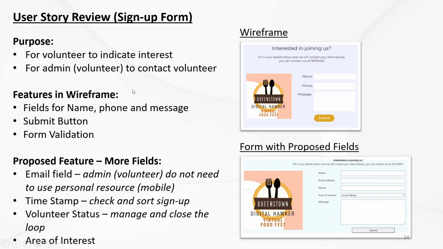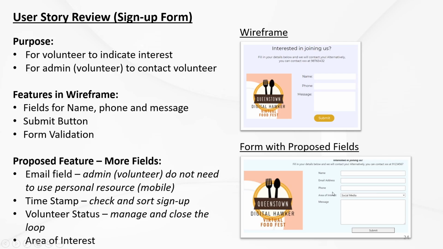What we want to do now is also to put ourselves in the shoes of the admin, who happens to be a volunteer. Being a volunteer, we do not expect them to use their mobile or personal resources to contact the sign-ups if necessary.